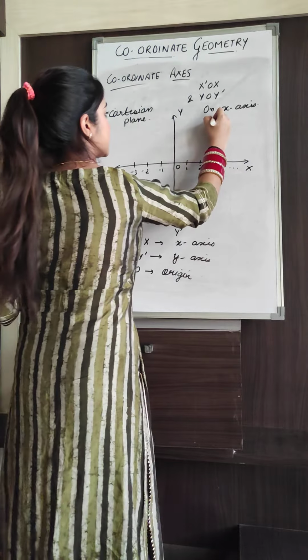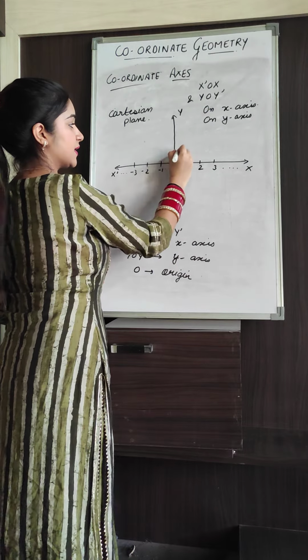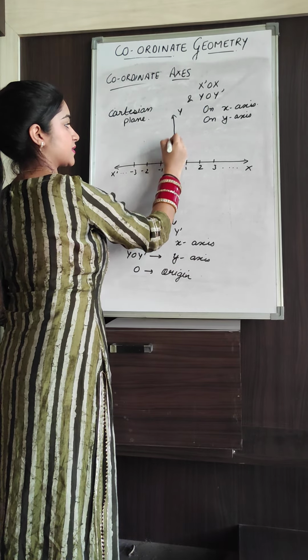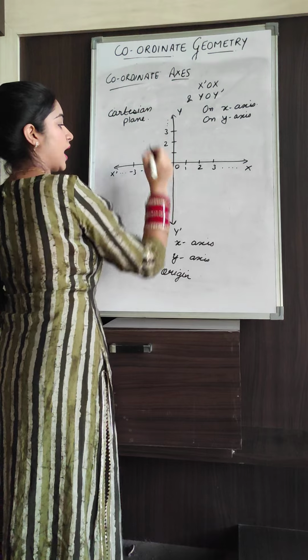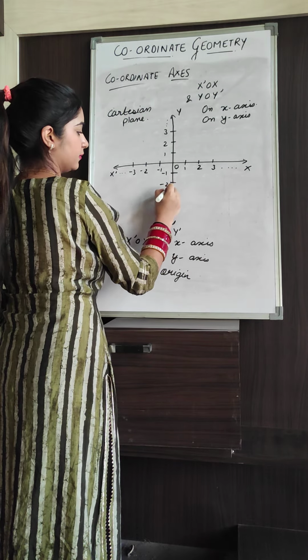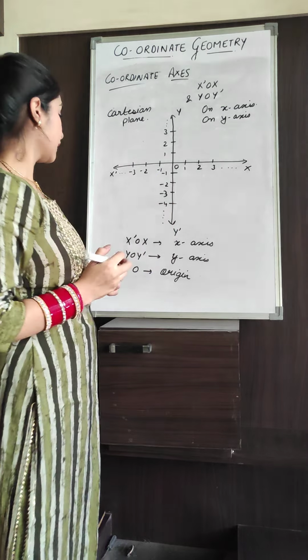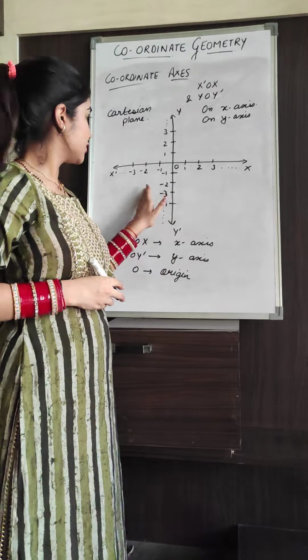Similarly on the y-axis, every unit above the x-axis represents the positive integers and every unit below the x-axis represents the negative integers, and so on. Now it is clear to you all.